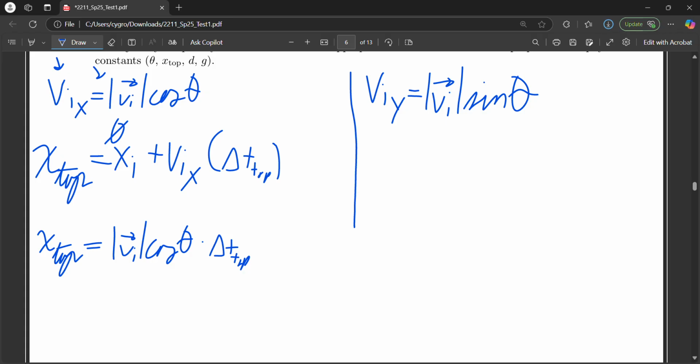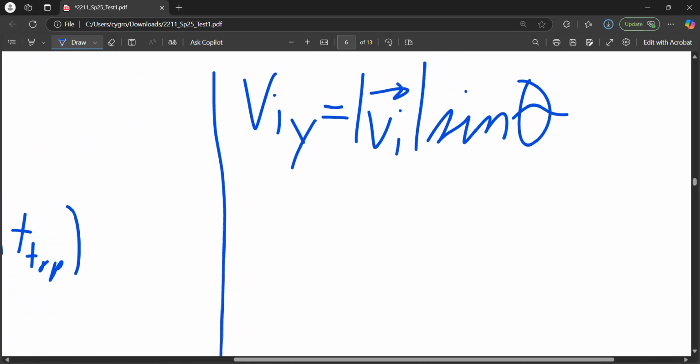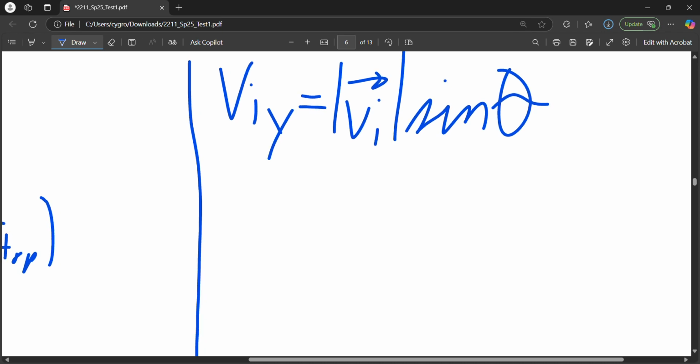Okay, now let's move on to looking at the y direction for a little bit. We're going to be looking for our velocity update function now.